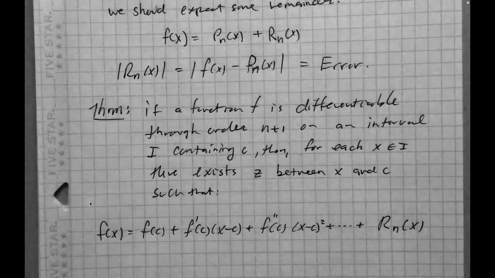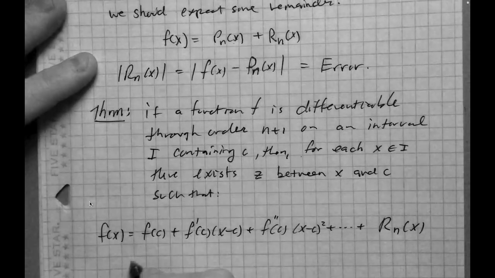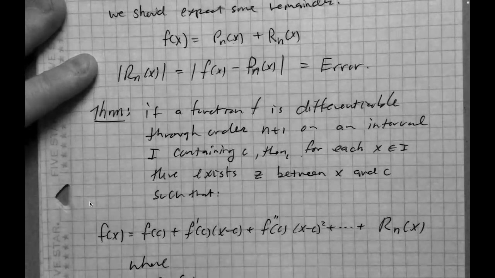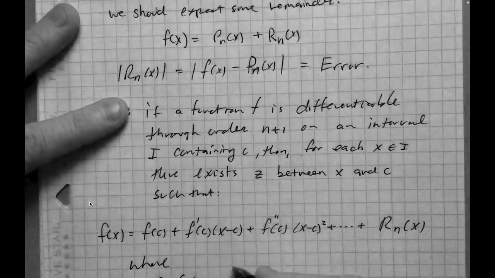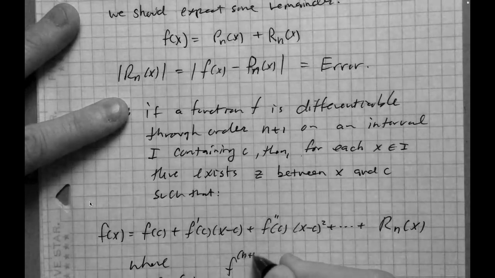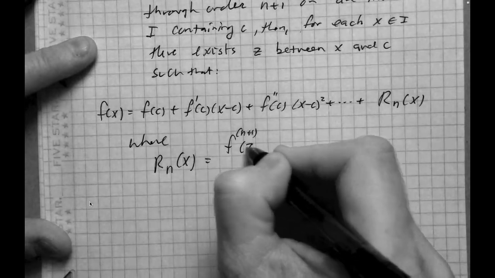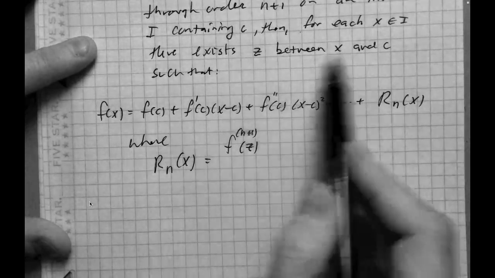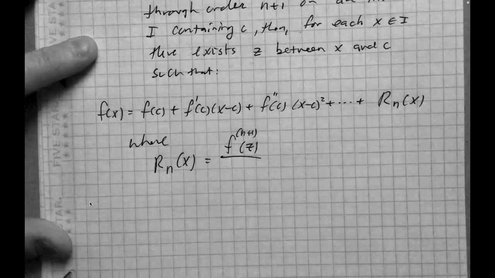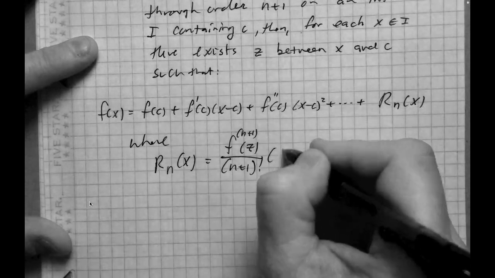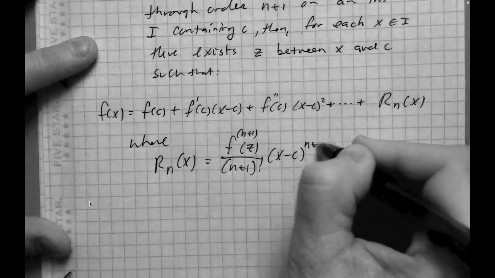at x. Okay. Now, what is this remainder? Where r sub n of x is equal to f of n plus 1, so this is the n plus 1 derivative evaluated at some value z, which is between x and c, divided by n plus 1 factorial times x minus c to the n plus 1.